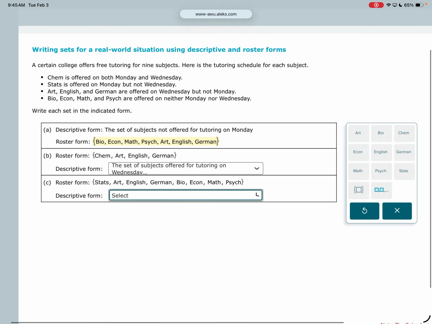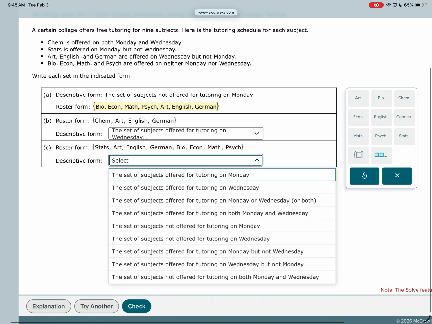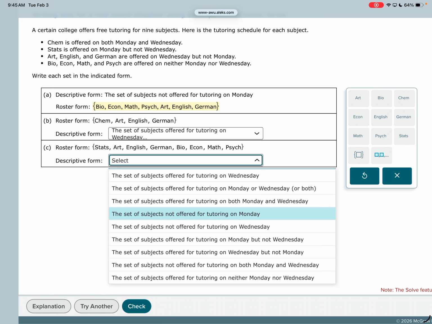So what is our answer here? Bio, Econ, Math, and Psych are not offered on... I got more options. Anybody see it yet? Isn't it on Wednesday, not Monday?